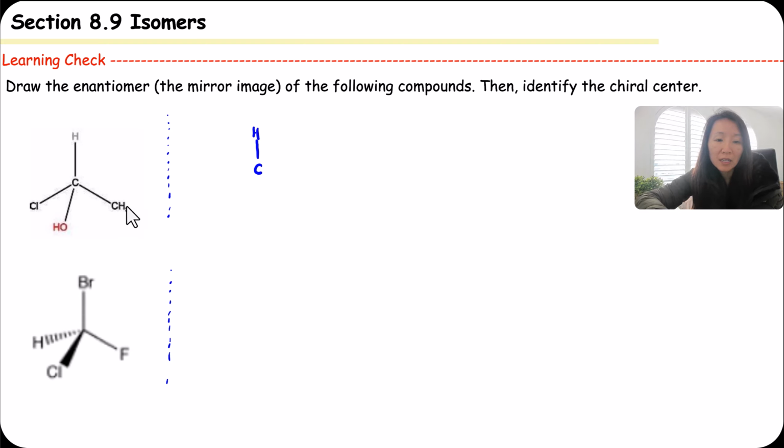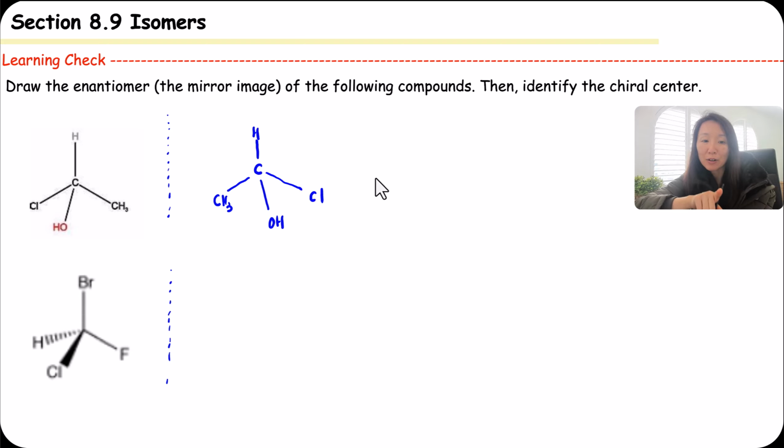This CH3 is going to come out that way. The other one, the OH is going to be here, and what's going back will be chlorine. So that's a mirror of each other. Try this one, and then we'll find the chiral center together.